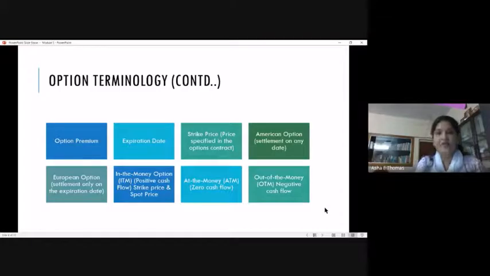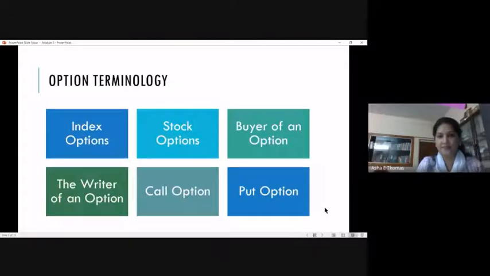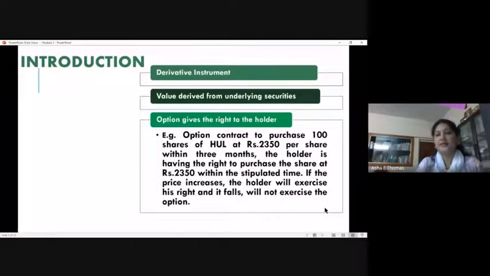Say for example, in our previous example, if a contract is to purchase 100 shares of HUL at 2,350, you are set to be in the money when the price of HUL is above 2,350. Why? In that case, you can easily make profit.